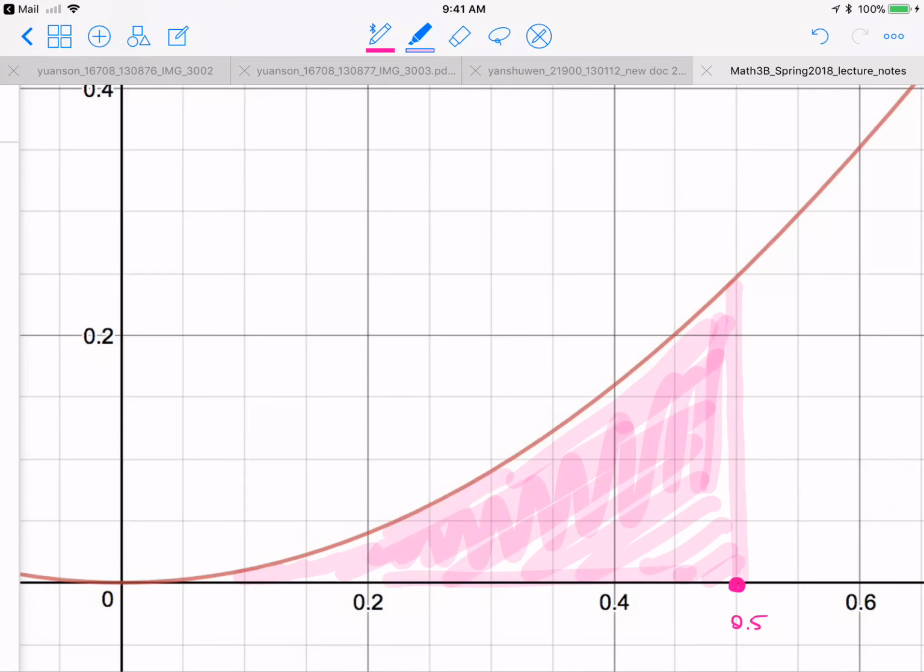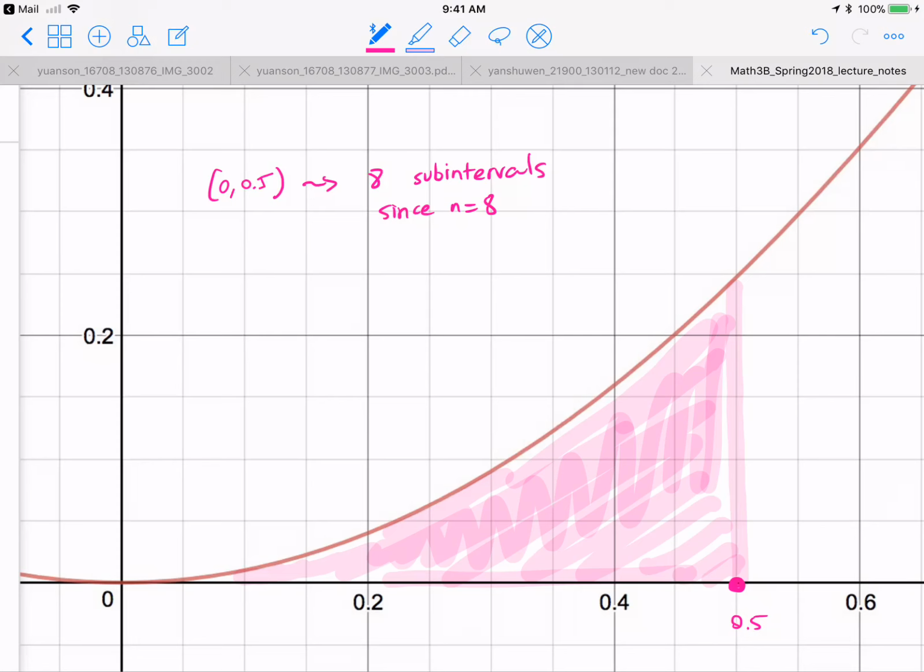And how we're going to do it is we're going to find our rectangles. So I need to split this interval from 0 to 0.5 into 8 subintervals because they told us that n is equal to 8. How long will each subinterval be?